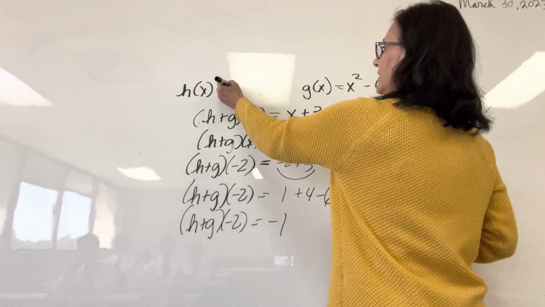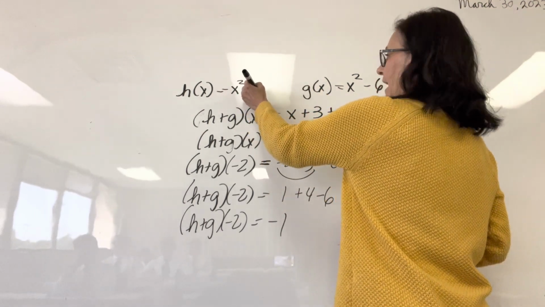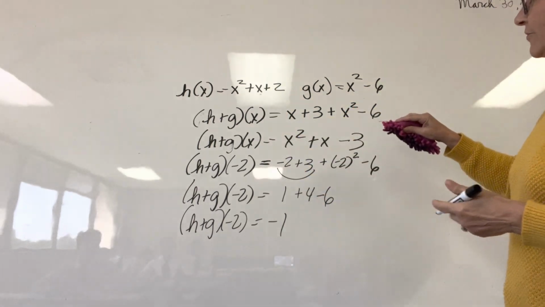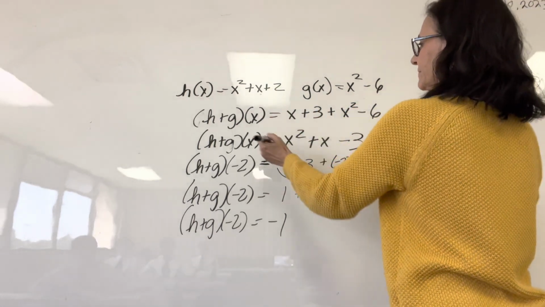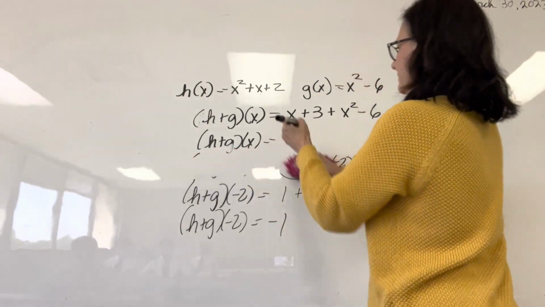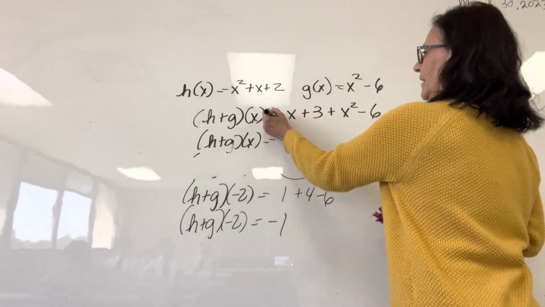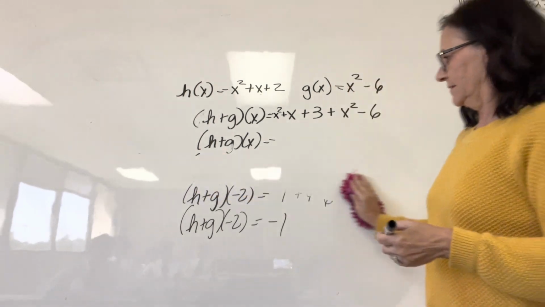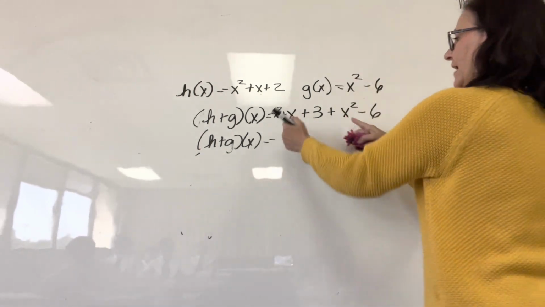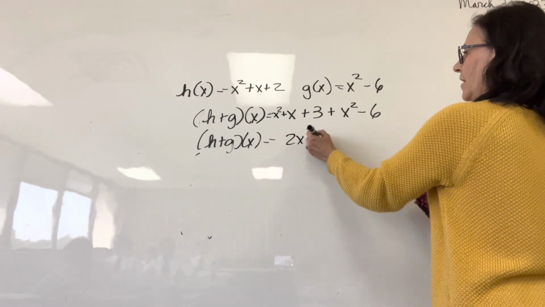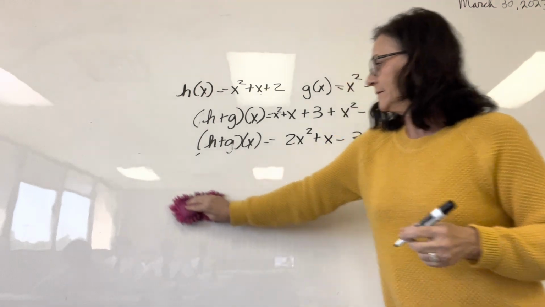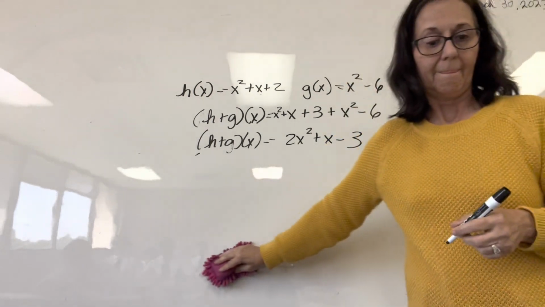If this would have been x squared plus x plus 2, then we would have had x squared plus x, and then we would have combined our x squareds. That would have been 2x squared plus x minus 3. Make sense?